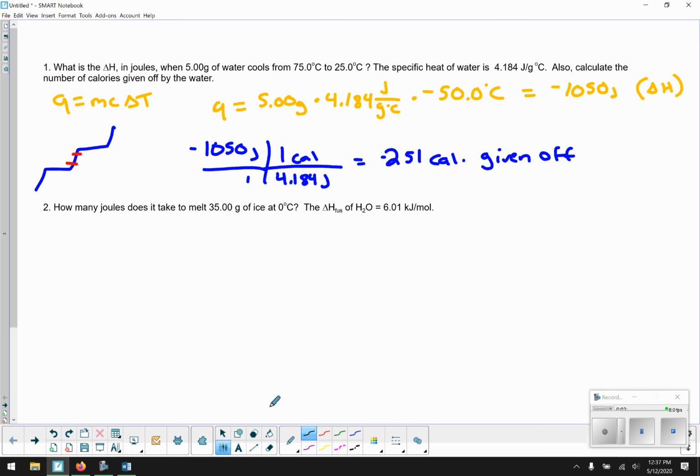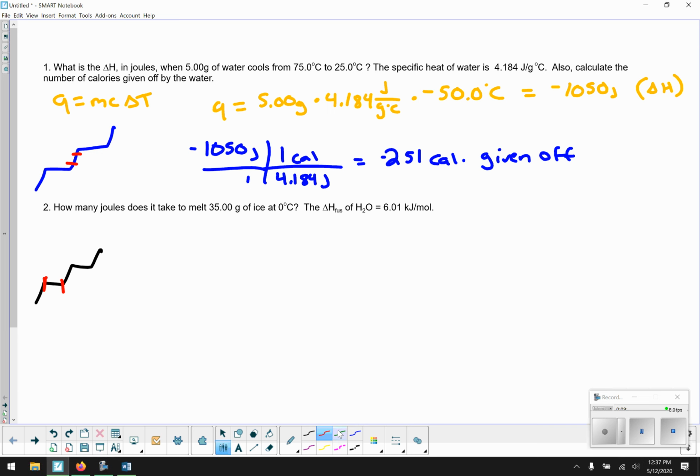Problem number 2, if we were to draw our mini heat curve, here we're melting ice at 0 degrees. So the ice is starting at 0 degrees, and we're just melting it. We're not raising its temperature at all. So we're entirely on the first horizontal line there, the state change.